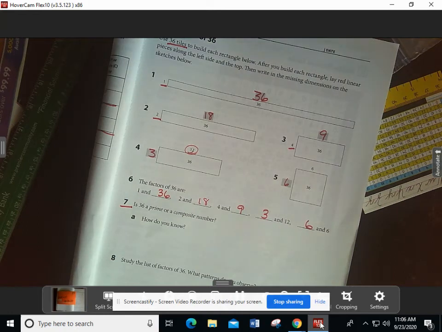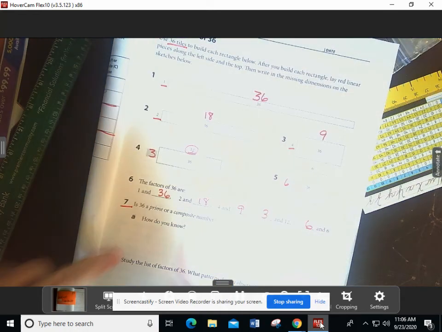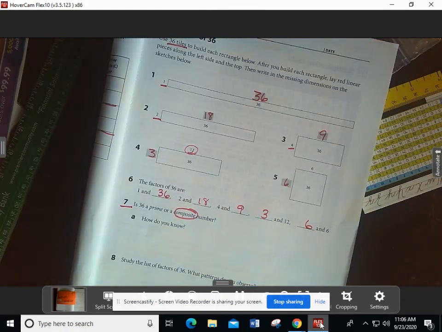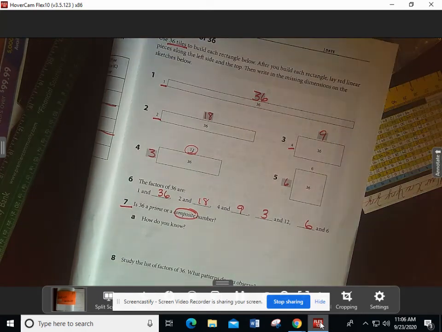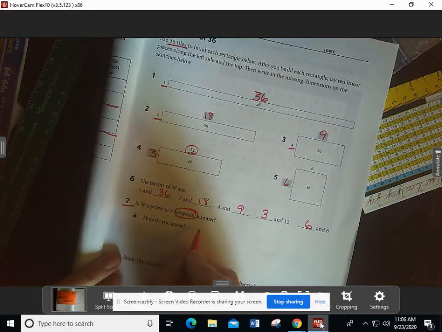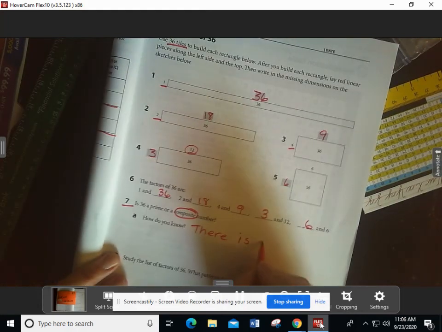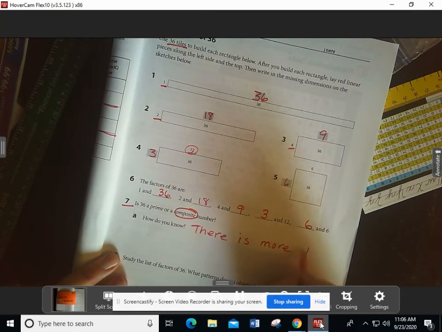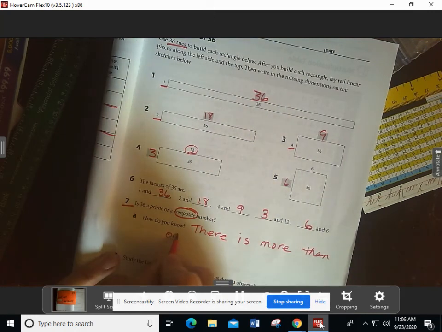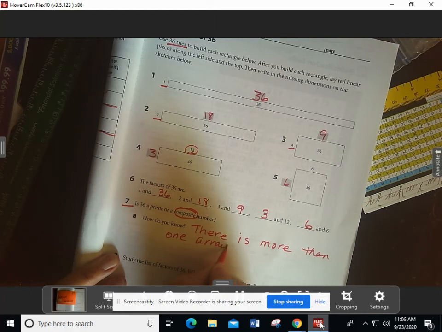How do we know that it's composite? I'd like someone else to explain this, unless David wants to explain it, but he might be camera shy. He's camera shy. Luke. Because it can be split into more than one array. There is more than one array.